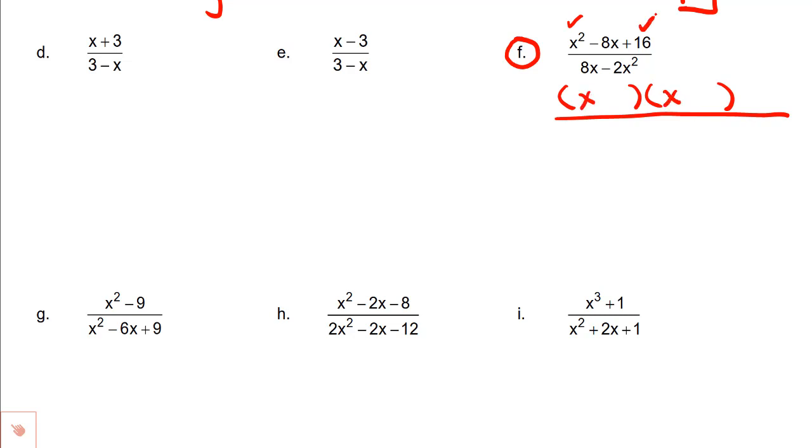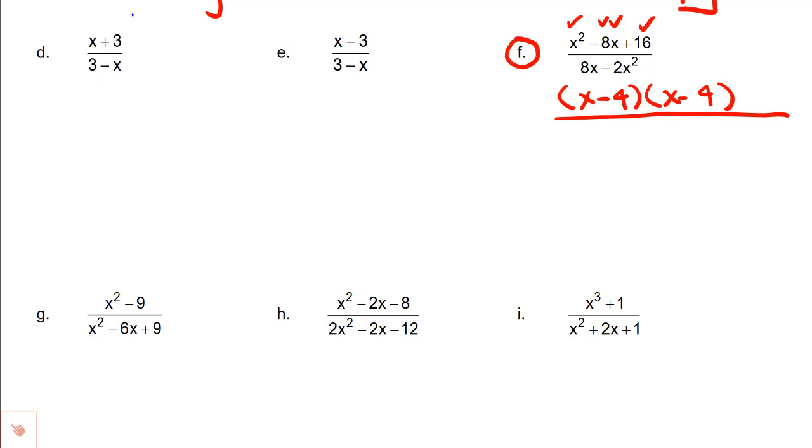How do I make 16? 4 times 4. And how do I make a negative 8x? Negative, negative. Now, if you're taking notes, stop. And don't write the next part down. It's going to be wrong. But I want to show you the thought process, so just hang on.